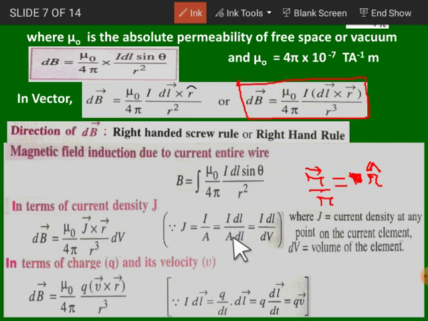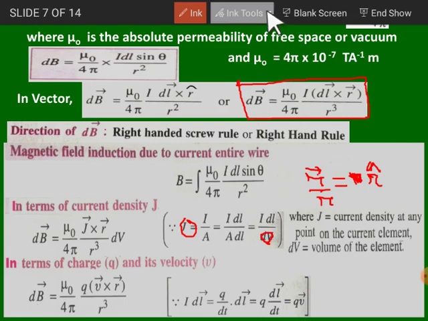Got it? So if you try to express that I dl here with dV divided by dV there, then I dl will be equal to, by using this expression, dV times J, right? If you cross multiply it.